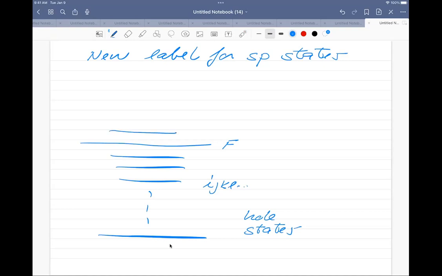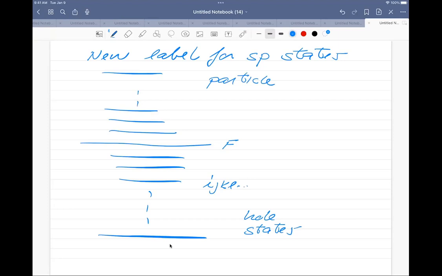And then we have the states above the Fermi level, which are normally called particle states. So in some textbooks, you will find these labels as quasi-particle states, but we will just simply label them as particle states. It's a little bit of a misnomer because we have particles below the Fermi level, which can fill in those states, and particles which can fill in states above the Fermi level.